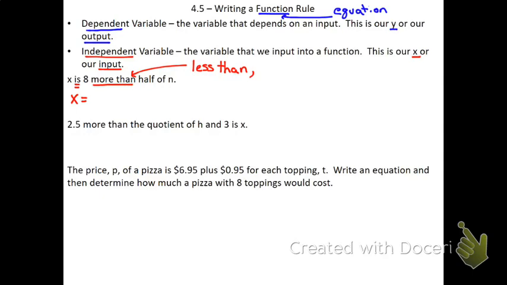Off to the side, write change order. So when you would write this, you would write 1/2 n more than, meaning plus 8.